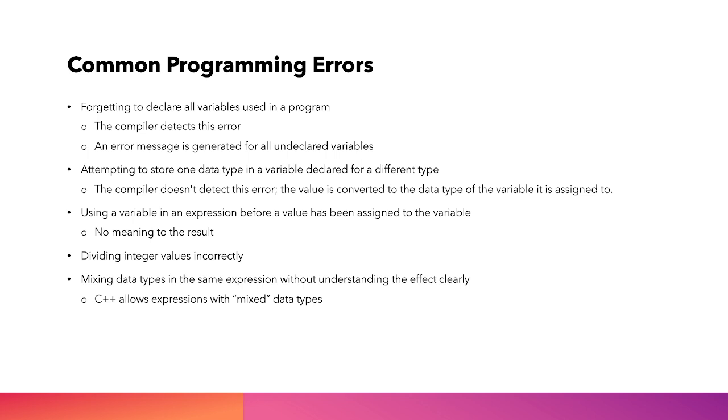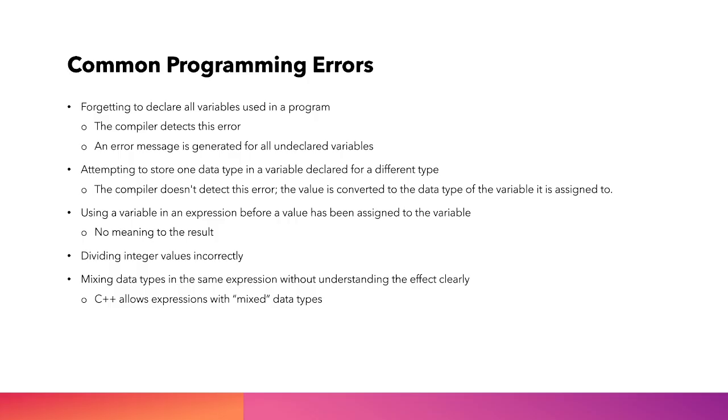The compiler doesn't detect that type of error, but it just converts straight. The value is converted to the data type of the variable it is assigned to. Also using a variable in an expression before a value has been assigned to the variable, it doesn't make sense if you do that.